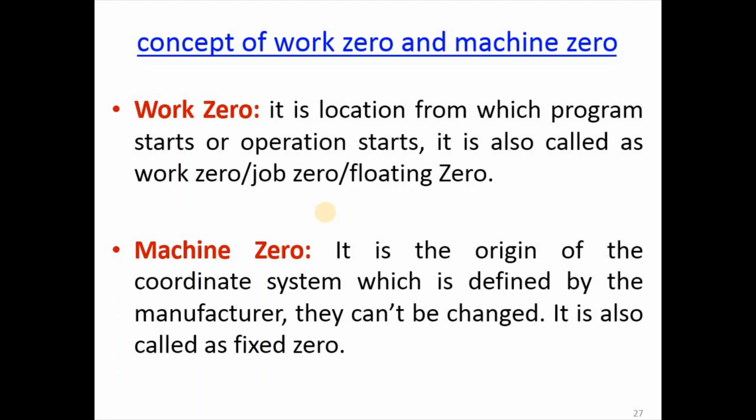Okay, so it is the origin of the coordinate system defined by the manufacturer. It can't be changed. It is also called the fixed zero point. Okay, so this is work zero and machine zero.